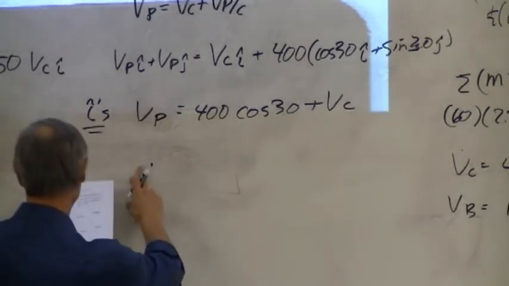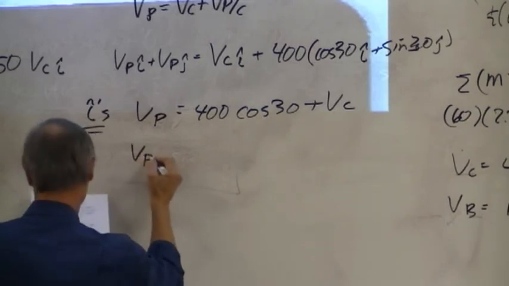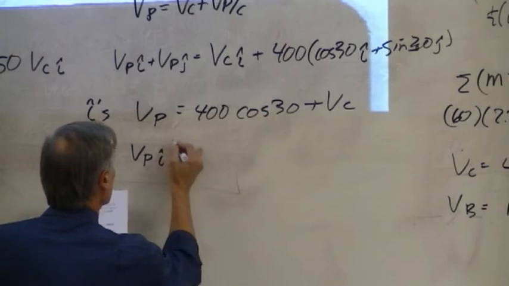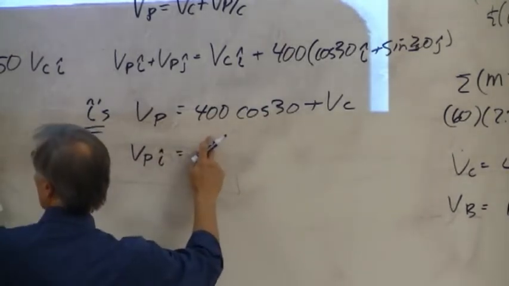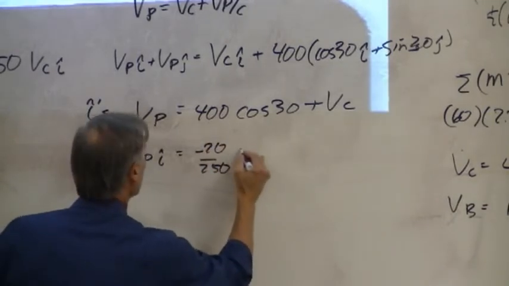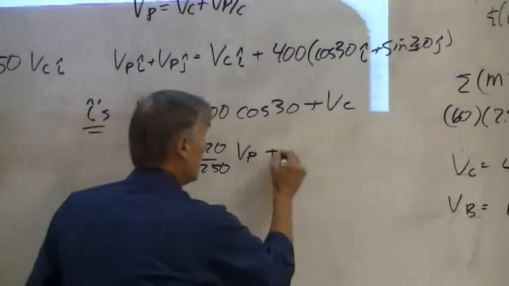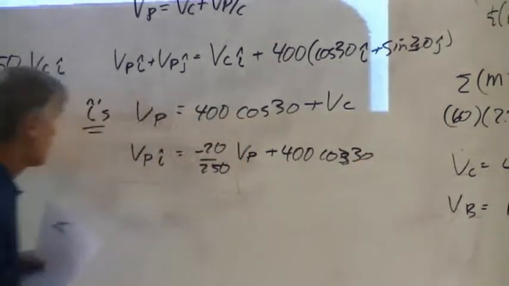Actually, can I simplify this? I have the velocity of the projectile in the I direction is equal to VC, which I have over here, minus 20 over 250 times VP plus 400 cosine 30. Okay?